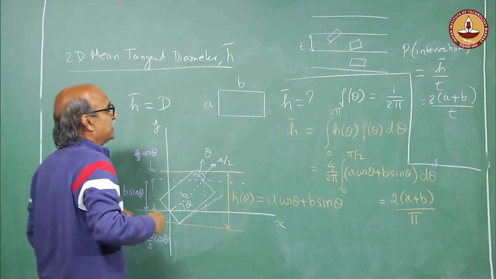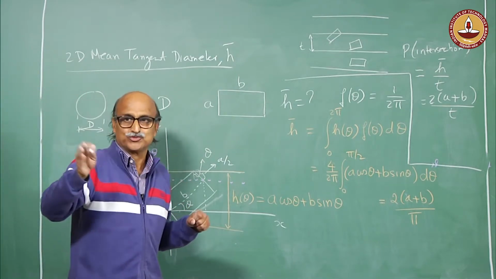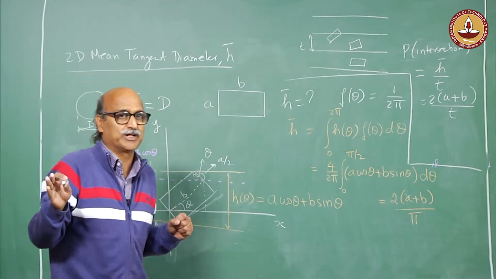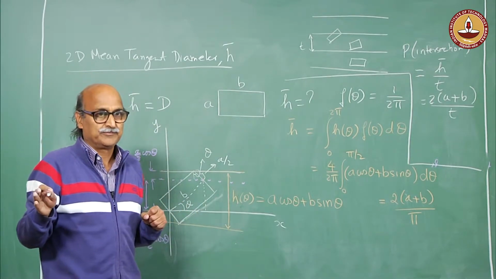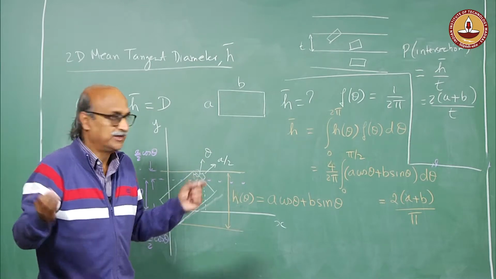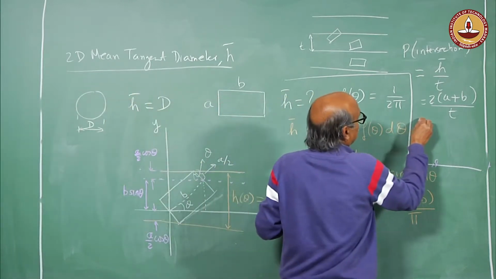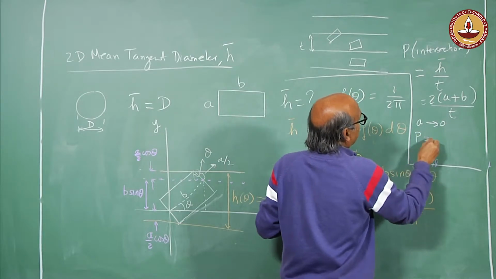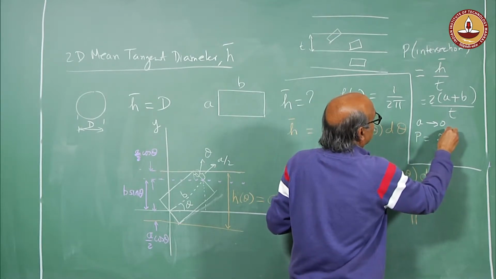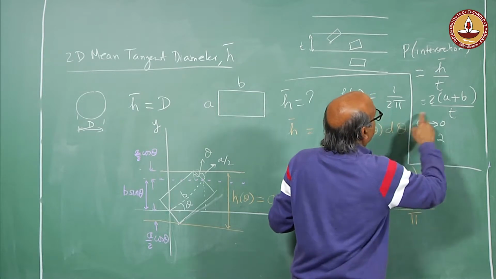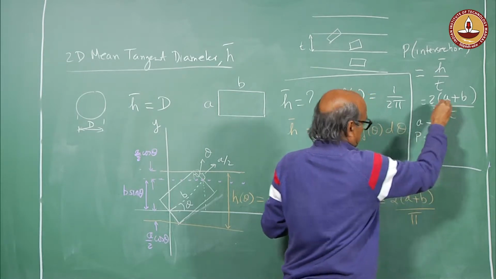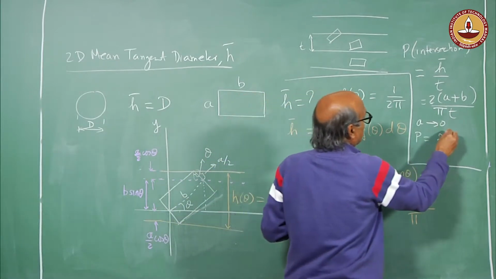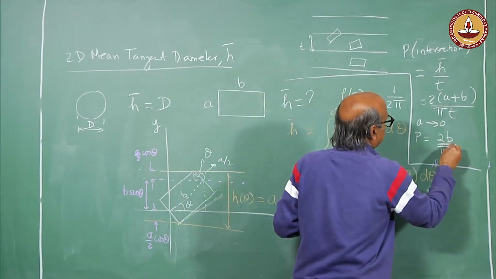Now, suppose I let a go to 0, what kind of an object will this become? This will become a line of length b. So, if I put a go to 0, my probability would become, there is a pi missing here, (2a plus b) upon pi, this will become 2b upon pi t.